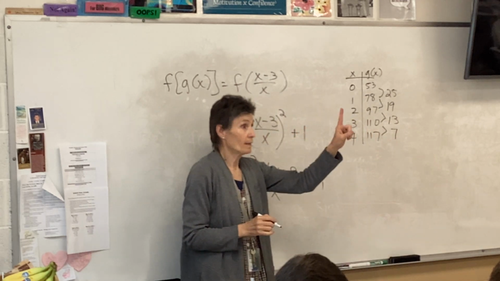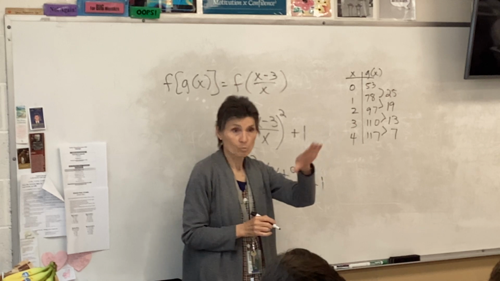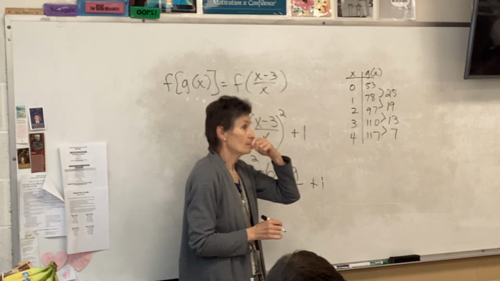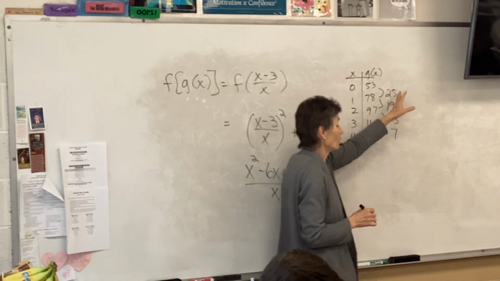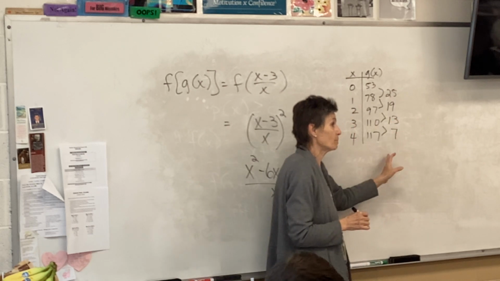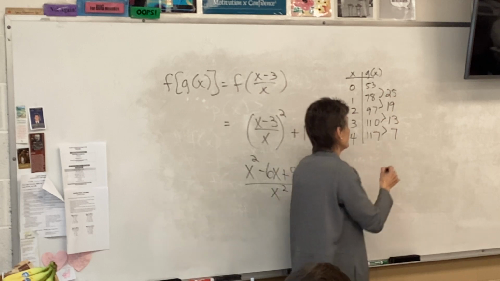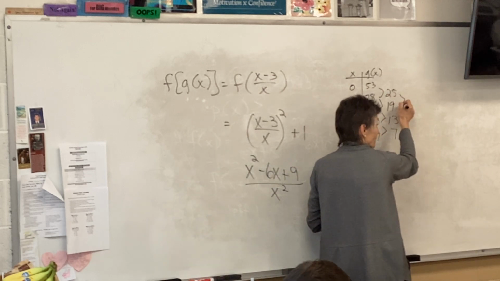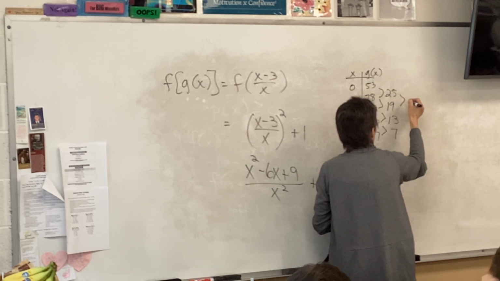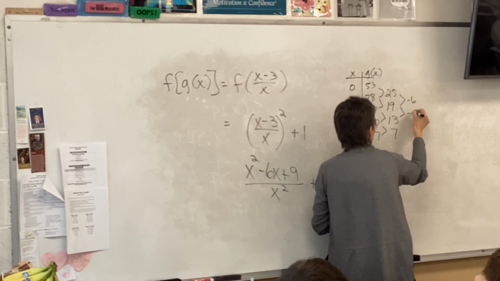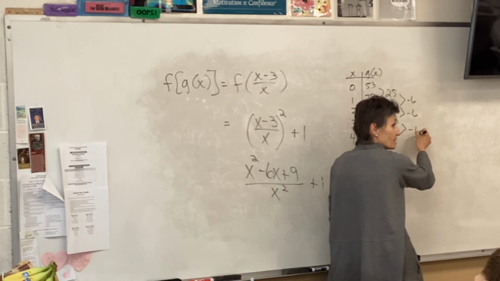So, number one, it's not linear, because what happens if it's linear? They're all the same. These would all match. The average rate of change would be the same. These are all the same size here. So we can just look over here. All right, well, how about second differences? The second differences are all -6.